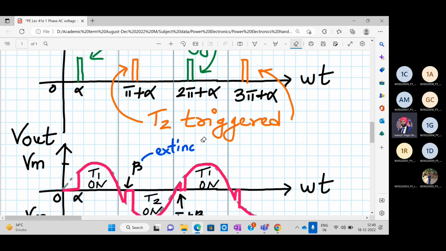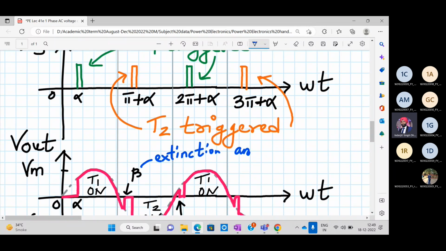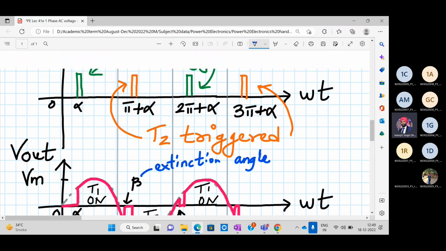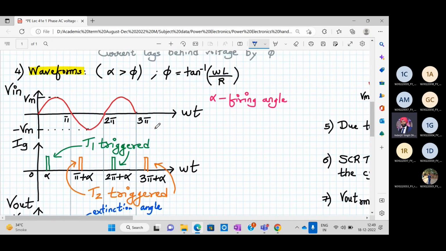I'm not able to write that. Okay. Extension angle. Okay, so here we have done explicitly study of why does the inductor allow the SCR to conduct till beta. Okay, so right now let us concentrate on how it affects the circuit operation.